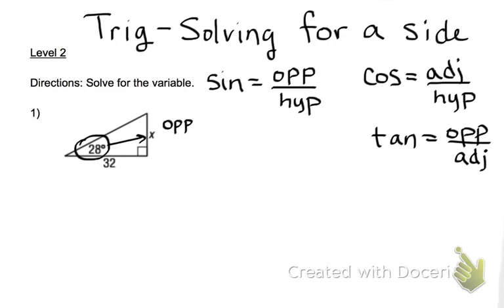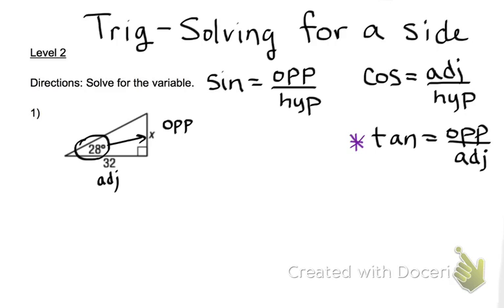And the 32 is right next to it, the side right next to it, which would be our adjacent. So I need to figure out which trig function uses opposite and adjacent, and that's going to be tangent.